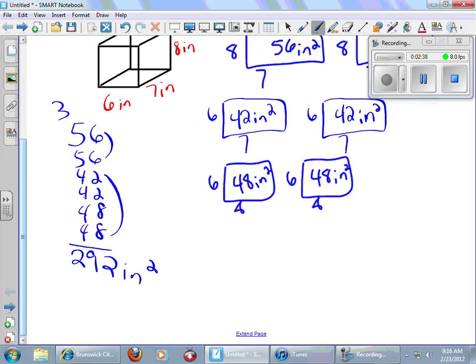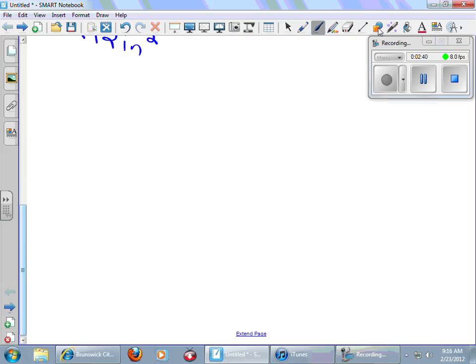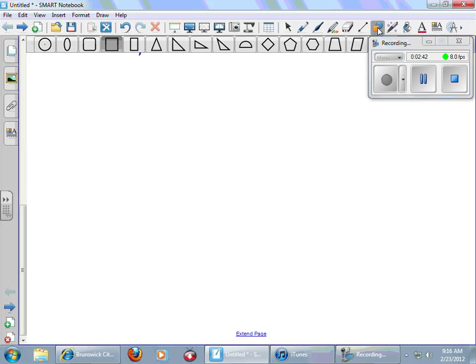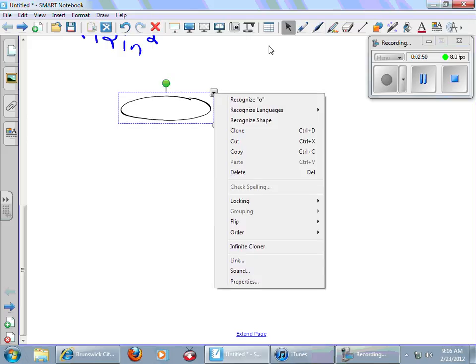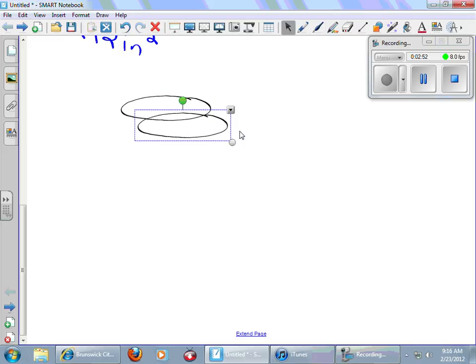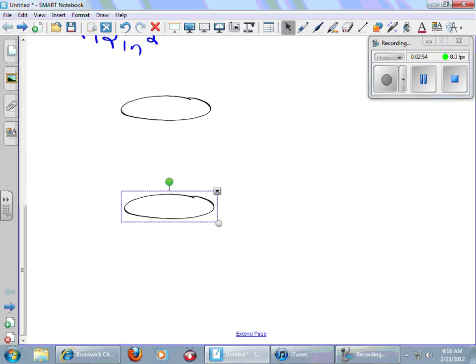But how do you do it with a cylinder? Let me draw a cylinder. I'm going to have a circle, and then I'm going to clone that circle. And then I'm going to connect these. Now we're going to need some information.